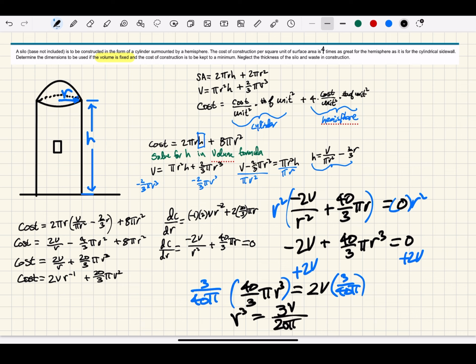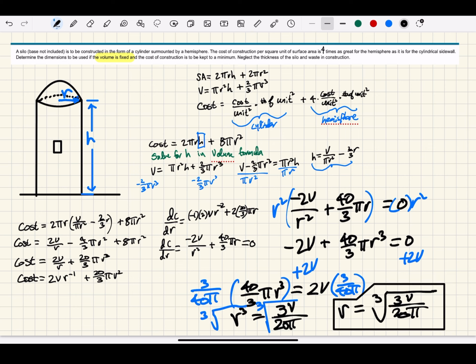And if we find the cube root of both sides, we wind up with r equal to the cube root of 3V over 20 pi. We're supposed to find the dimensions, so we've got a good start on that by finding the radius, but now we need to find the height.